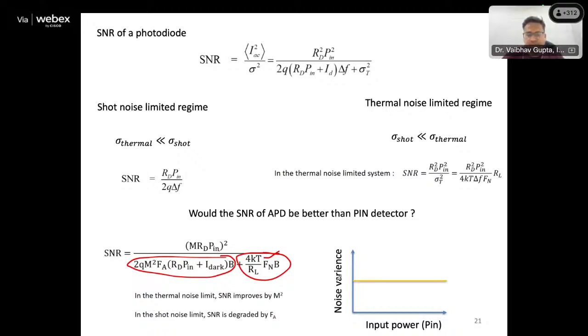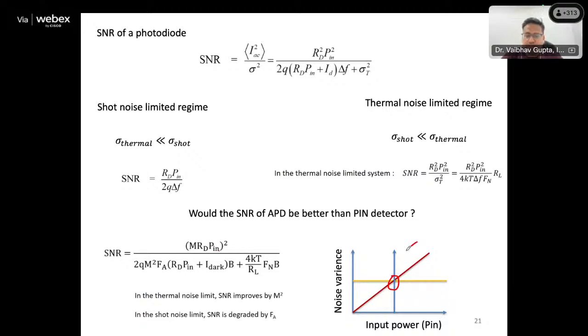So typically your thermal noise will be a constant value, right? What happens to the shot noise? If you increase the input power, the shot noise is going to increase, because that is what the formula says. Now here we have the cross section where both are intersecting with each other.